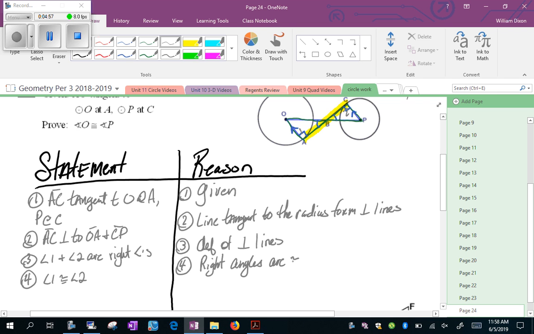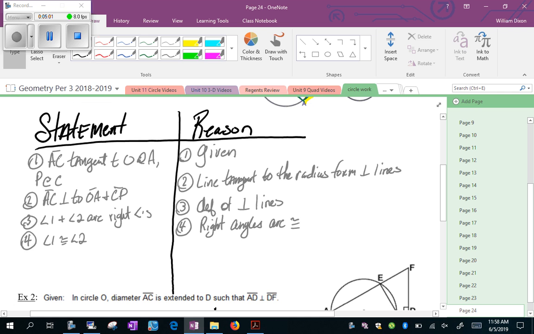And then 5, I have angle ABC is congruent to angle PBC, and that's vertical angles.